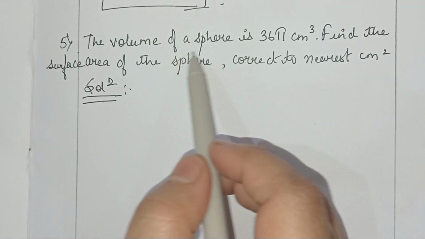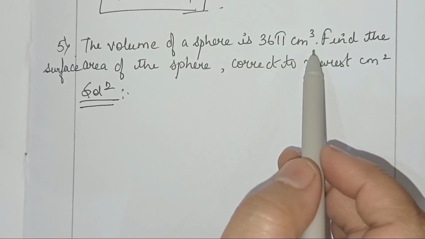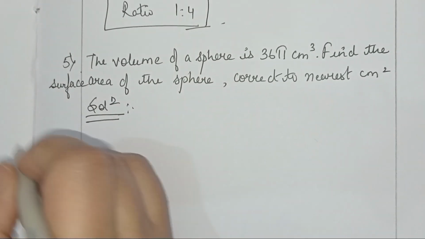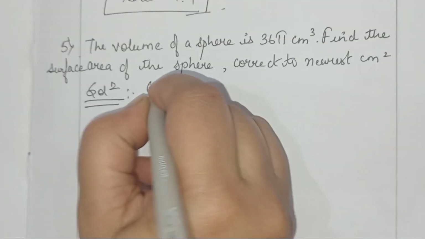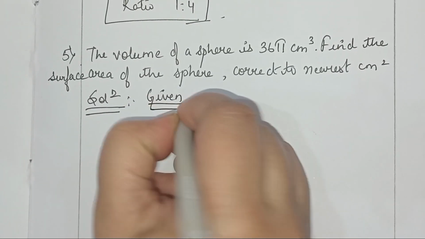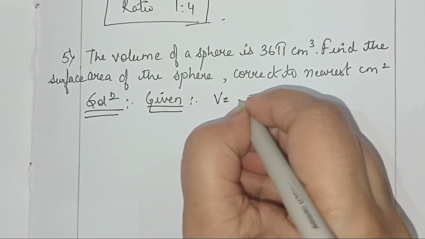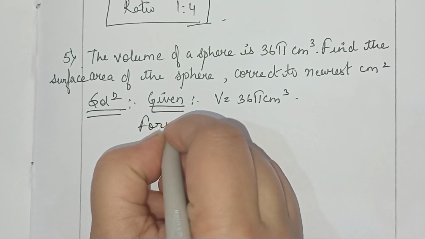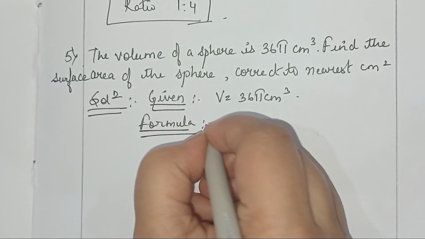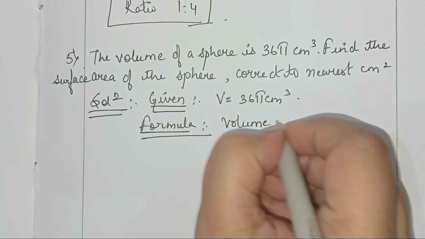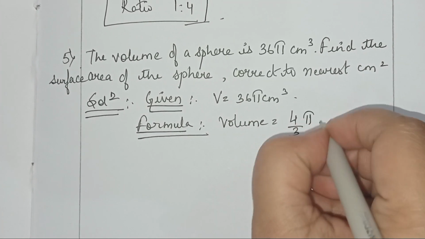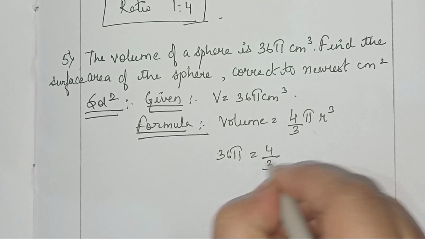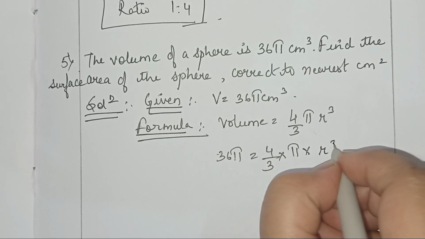Fifth sum. The volume of a sphere is 36 pi centimeters cube. Find the surface area of the sphere, correct to the nearest centimeter square. So given volume is equal to 36 pi centimeters cube. The formula again: volume is equal to 4 over 3 pi r cube.